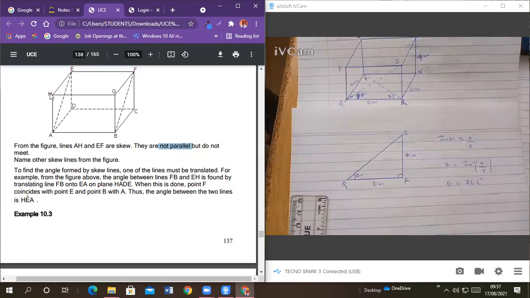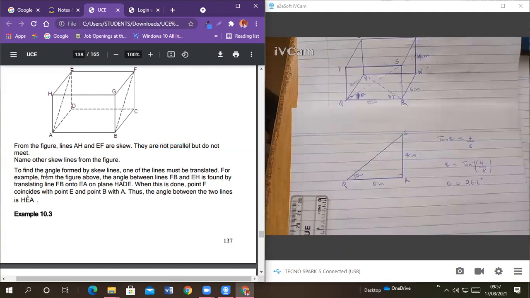Yes, they are not parallel and they don't meet. Other lines like HG and HA meet at H, although they are not parallel. You understand? HG and HA are not skew lines because HA meets at H at this point here. But HG and DE are skew lines.